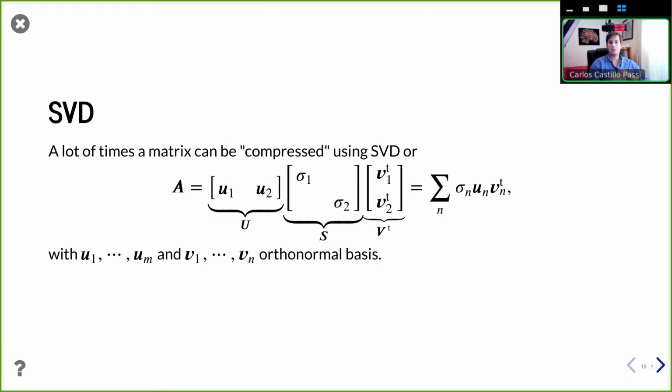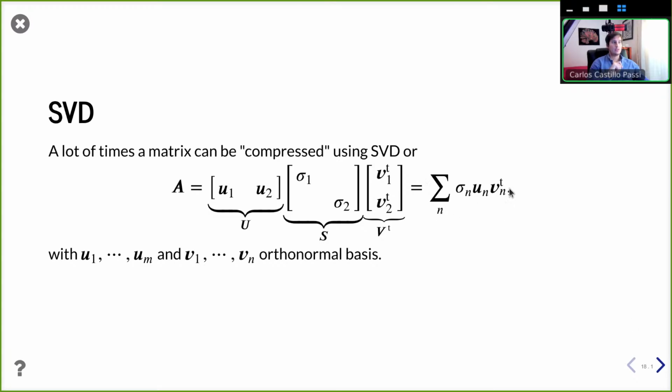That is similar to the QR decomposition, but instead of having two matrices, Q and R, now you have three matrices, U, S, and V, that have very interesting properties because U and V are orthonormal bases. And also this S matrix is a diagonal matrix that has the singular values of the matrix.